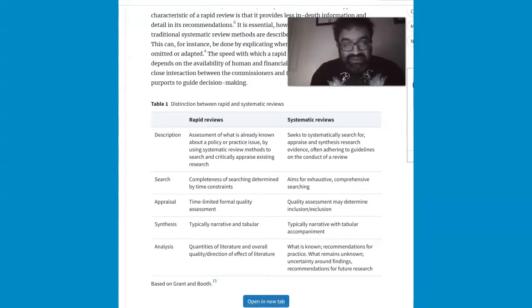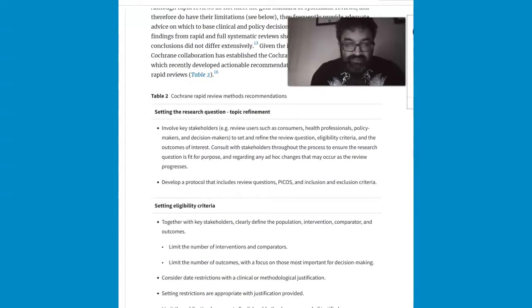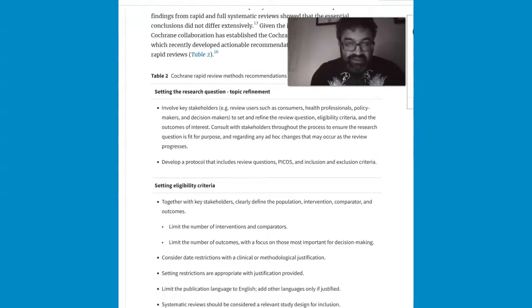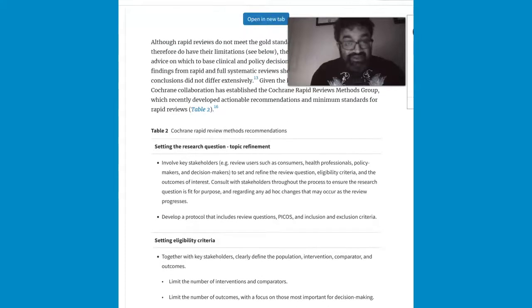And this contrasts the difference between rapid and systematic reviews. Rapid reviews have time-limited formal quality assessment, and then in systematic reviews, quality assessment may determine inclusion and exclusion. And then here's some other, these are interesting.